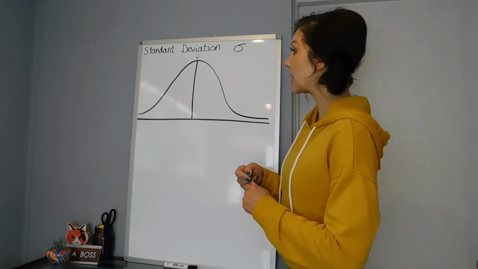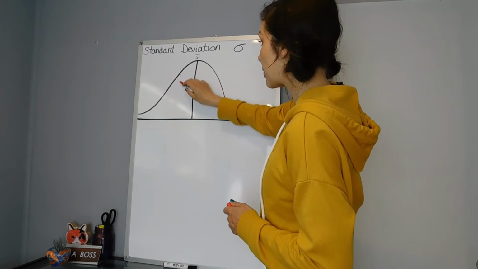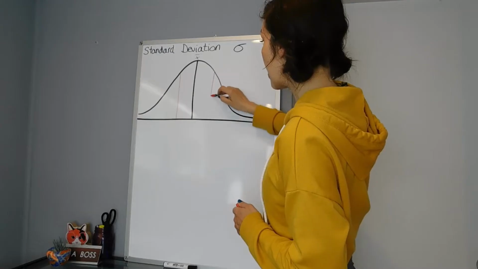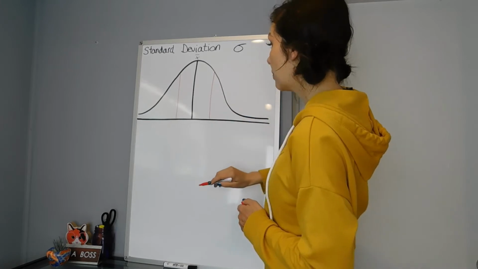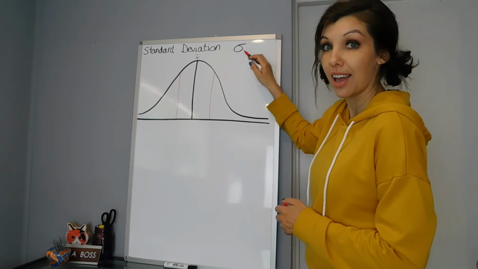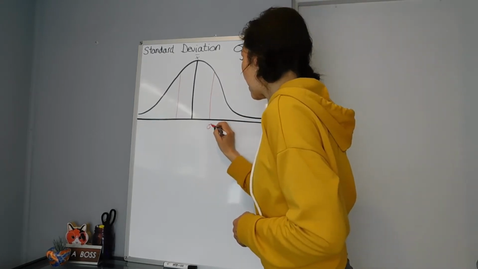So the rule is that wherever one standard deviation starts on this side and one standard deviation on this side, by the way, standard deviation is represented as a Greek sigma. That's my best Greek writing, so forgive me.